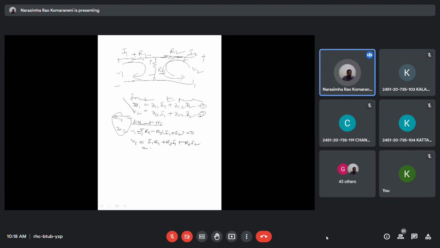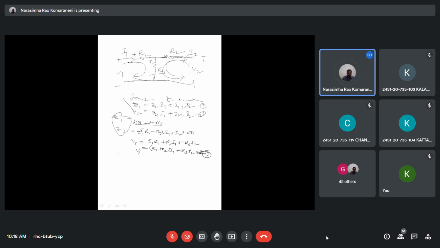Arranging, you get R1 plus R3 of I1 plus R3 I2. This is equation 3, that is V1.